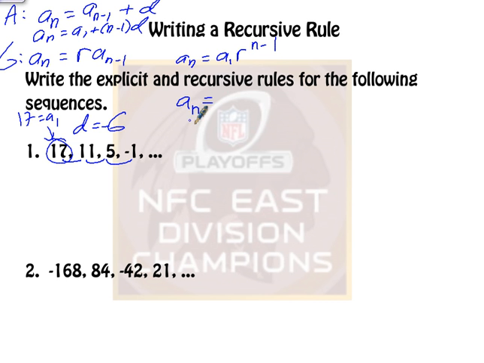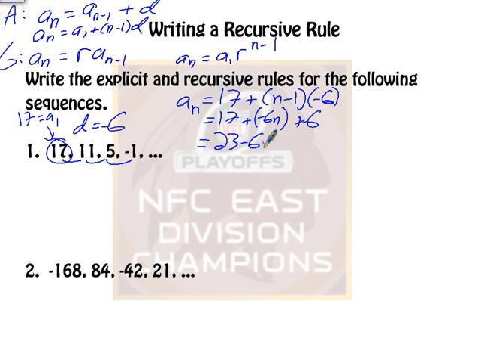So A1 is 17 plus n minus 1 times D, which I said was negative 6. Alright, so we just simplify, so plus negative 6n plus 6, so I end up with 23 minus 6n is my explicit rule.